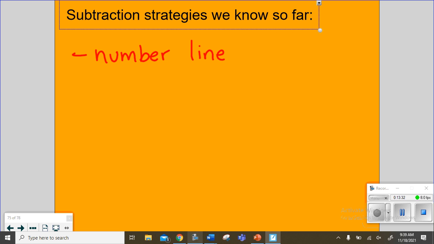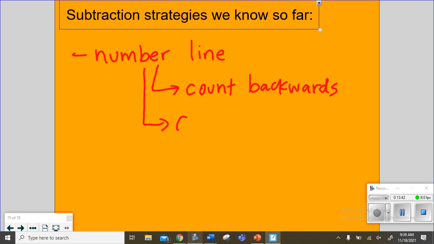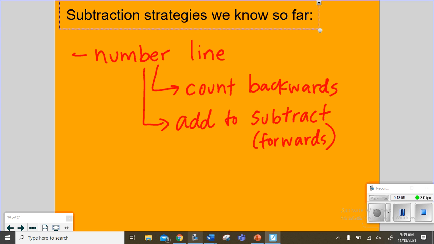So on my number line, I can either count backwards, or I can do what is called add to subtract, which is where I go forwards. Are there any other strategies I know?